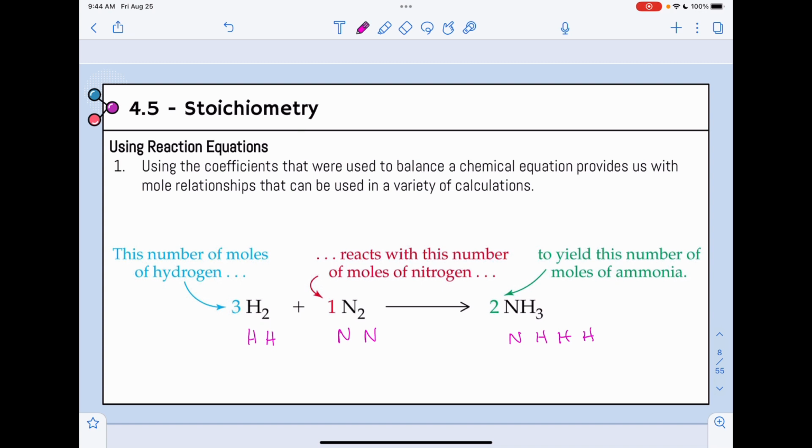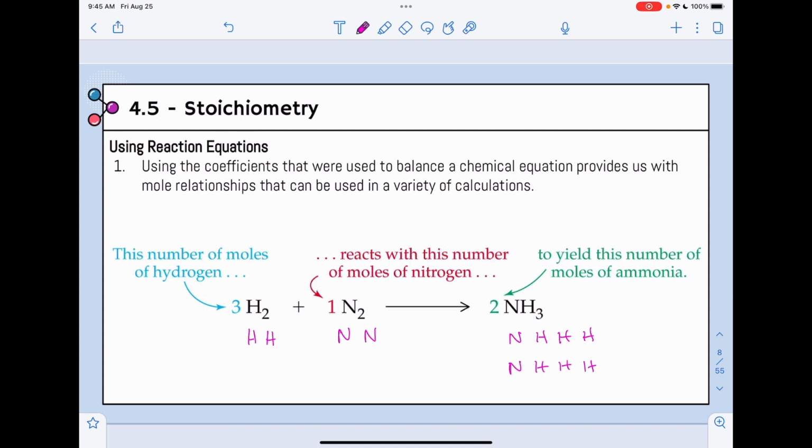Now, the law of conservation of mass tells us that we can't go from 2 nitrogens down to something that just has 1 nitrogen. So to solve that, we're going to double our amount of ammonia because we know that we're starting with 2 nitrogens, so we need to end with 2 nitrogens. Now, we're ending here with 6 hydrogens. We only start with 2.